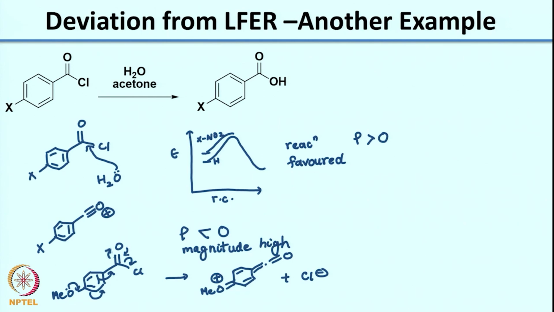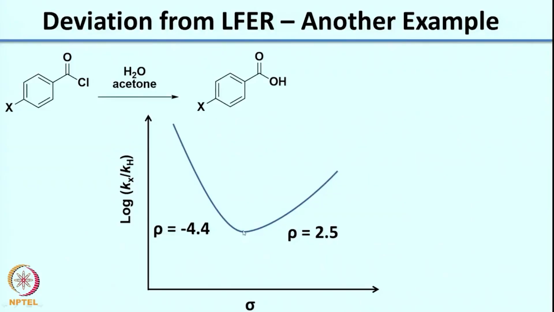Alright. So, now that you know how this reaction varies depending on the nature of the substituent, can you go ahead and sketch out what the Hammett plot will look like? You can pause the video and sketch out the Hammett plot. So, what you would see is, let us say this is the point where you have your 0, 0 of hydrogen.